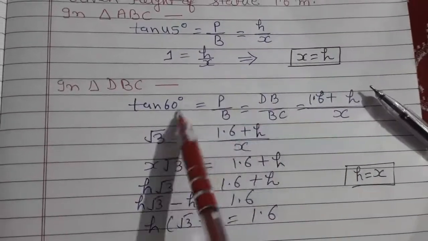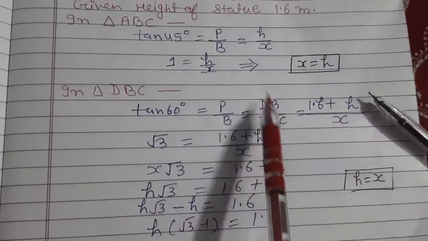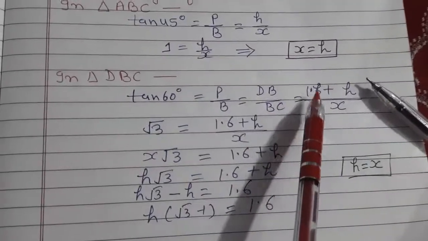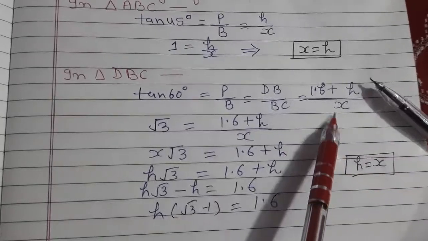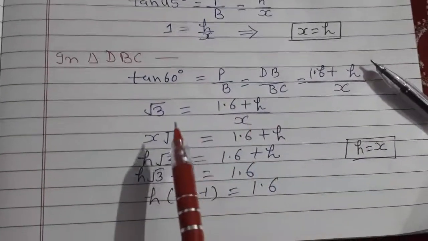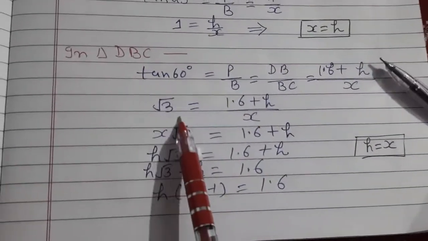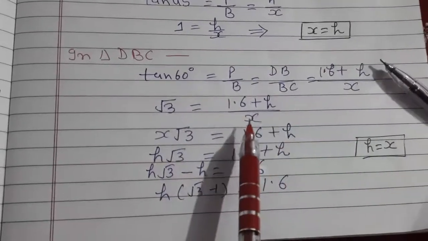In the 60 degree triangle the complete perpendicular will come, the height of the statue plus the height of the pedestal, upon x. The base is the distance, which is common for both. So tan 60 degree equal to root 3 is 1.6 plus h upon x.